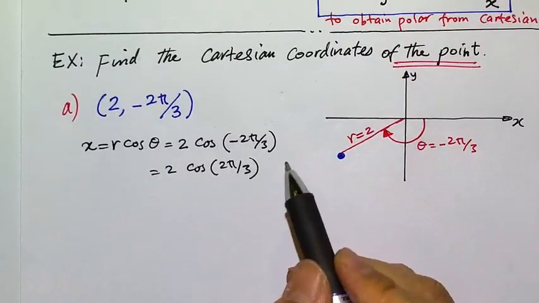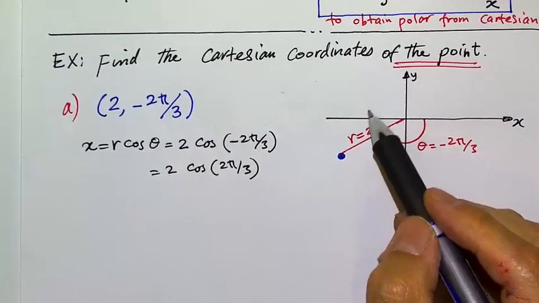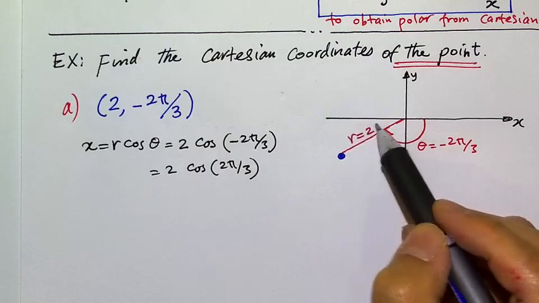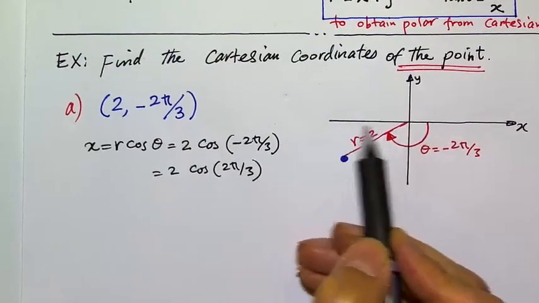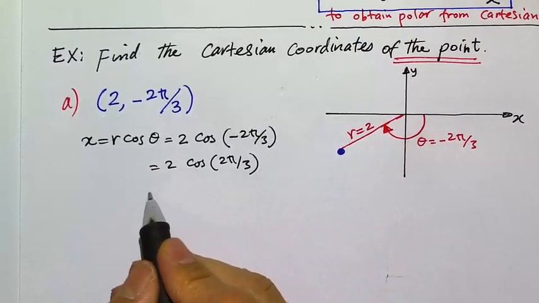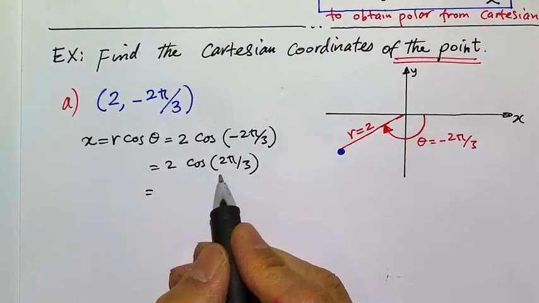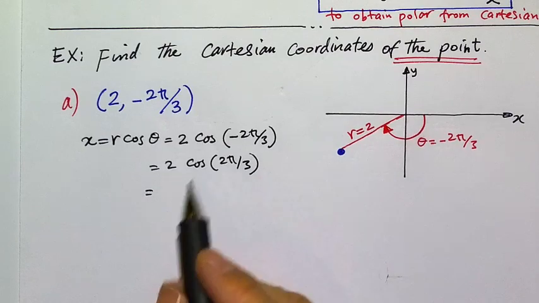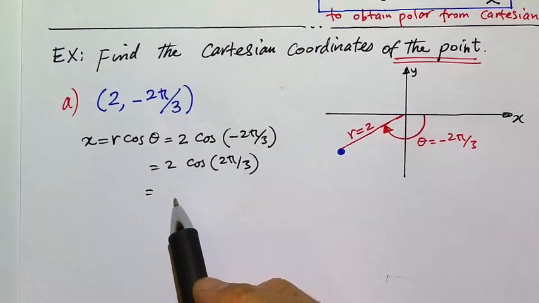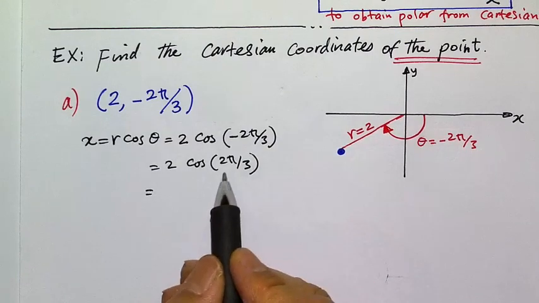Okay, so cosine of 2 pi over 3. In the second and the third quadrant, cosine is negative because cosine represents the x-axis in these two quadrants. So we will have, from the table of special trigonometric values that we learned in Math 127, and I just taught a trig class last semester, so I remember, that should be minus 1/2.